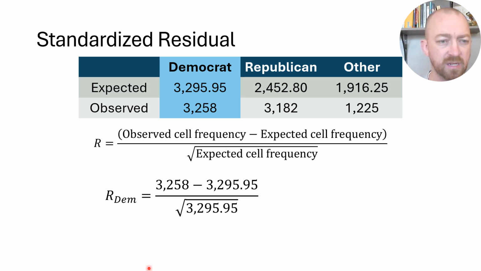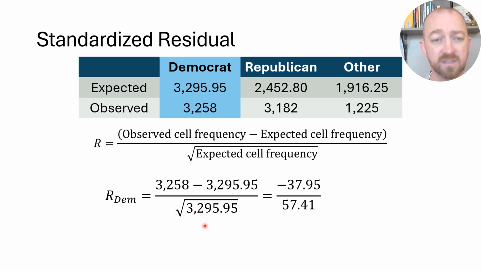And all we do here is we take the observed cell frequency, which of course was 3,258. So that's going to go right there, the first thing in the equation. We then subtract the expected cell frequency, which of course is right here, 3,295.95. Then we're going to divide that difference by the square root of the expected cell frequency, which goes right there.